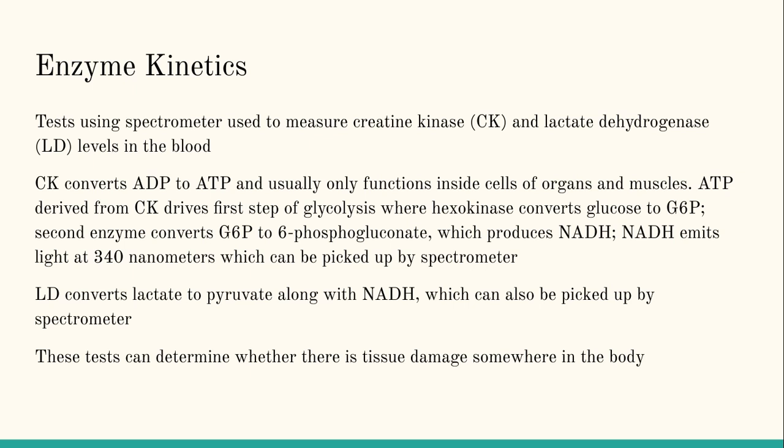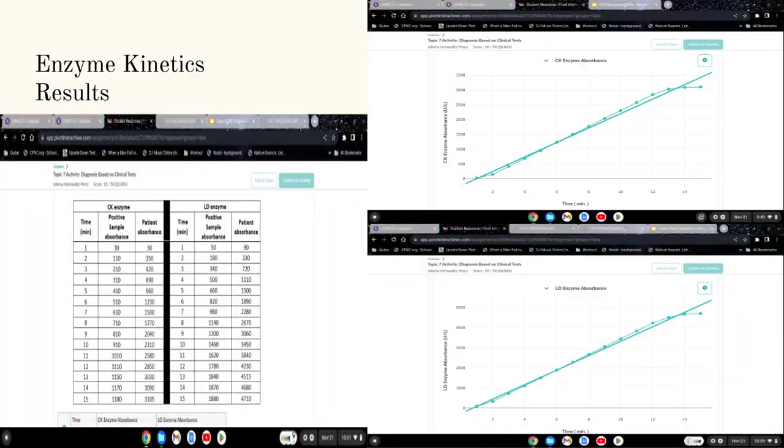A second enzyme converts G6P to 6-phosphogluconate, which produces NADH. And this NADH emits light at 340 nanometers, which can be picked up by the spectrometer. Lactate dehydrogenase converts lactate to pyruvate along with NADH, which again can be picked up by the spectrometer. These tests can determine whether there is tissue damage somewhere in the body.